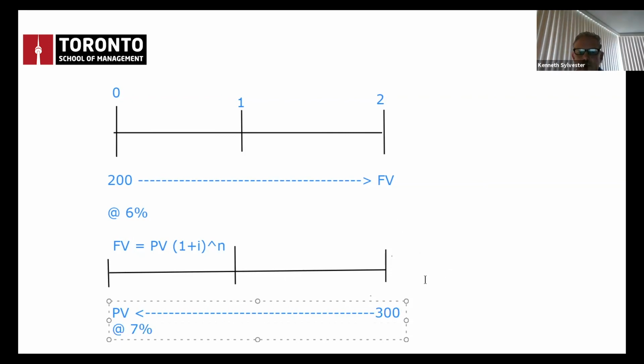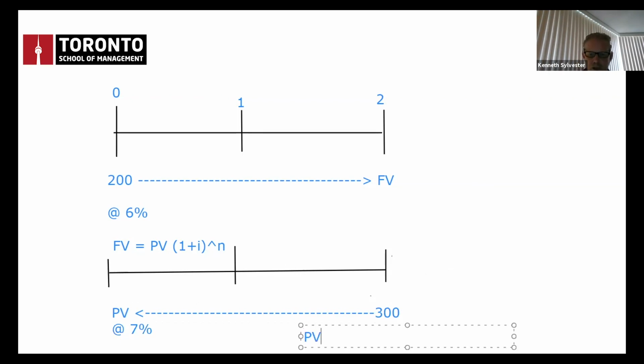And you're going to use the formula: present value is equal to future value divided by the interest factor to the power of n. So give it a try, and let's see how you guys do.